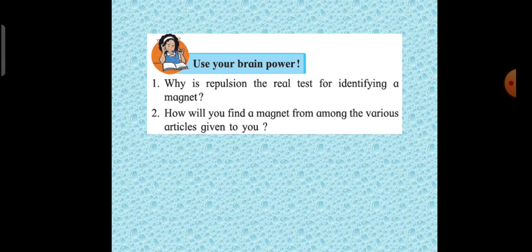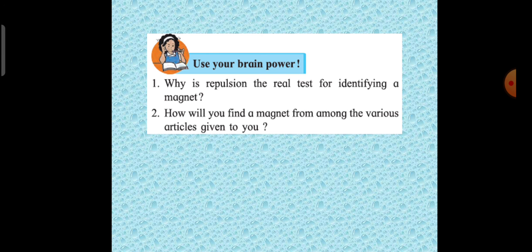However, if after keeping an end of one object unchanged, the end of the other object is changed, and repulsion takes place between these two ends, we can surely say that both the objects are magnets. Because there is a repulsion between like poles of magnets and attraction between unlike poles, hence repulsion is the real test for identifying a magnet.